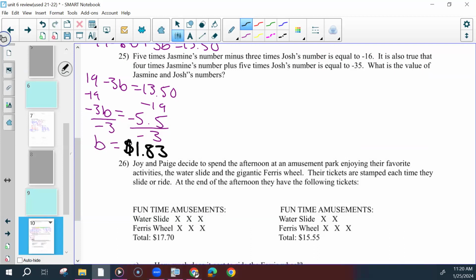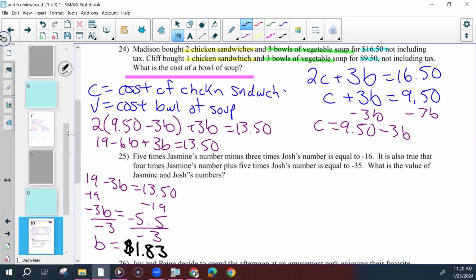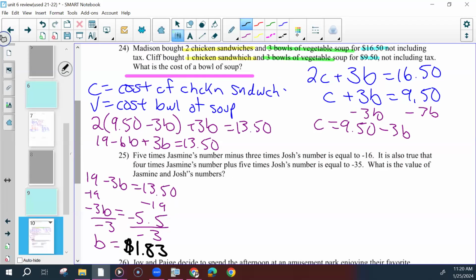Oh, it's right there. How did we get to 13? Equals 13. Oh, yeah, I don't know why I did that.